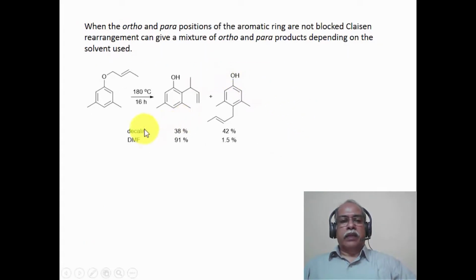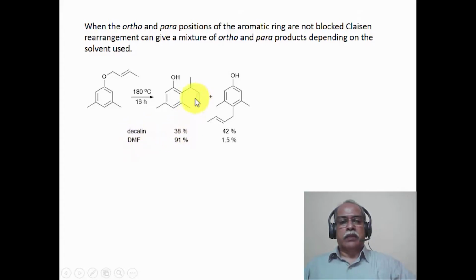Now, in the case of the 3,5-dimethyl phenyl allyl ether, for example, the initial Claisen rearrangement gives the ortho-allyl derivative. You can see here, this is a carbon that is connected to the ortho position with the methyl substituent, and that methyl substituent appears here. Subsequently, further reaction depends on the temperature as well as the solvent polarity in this particular case.